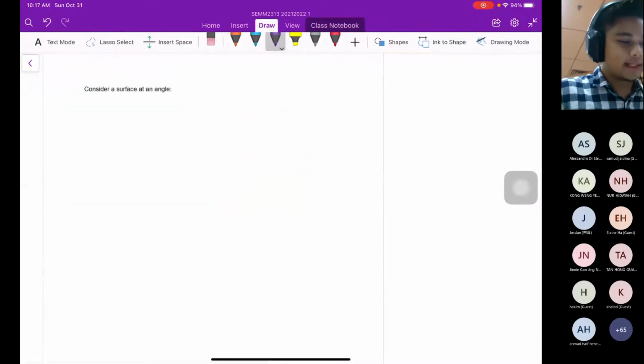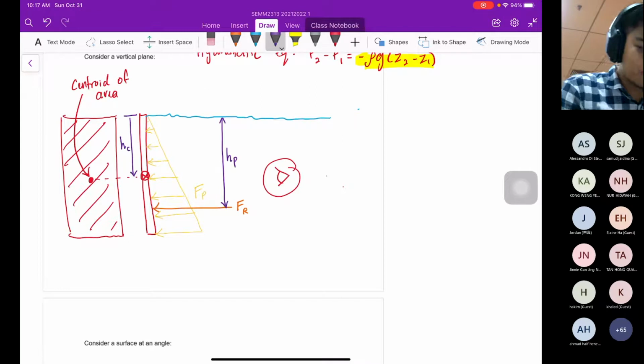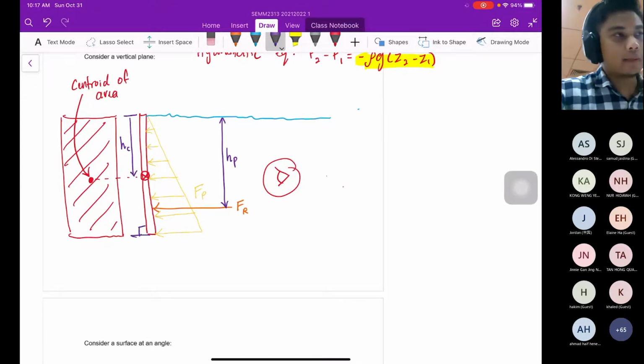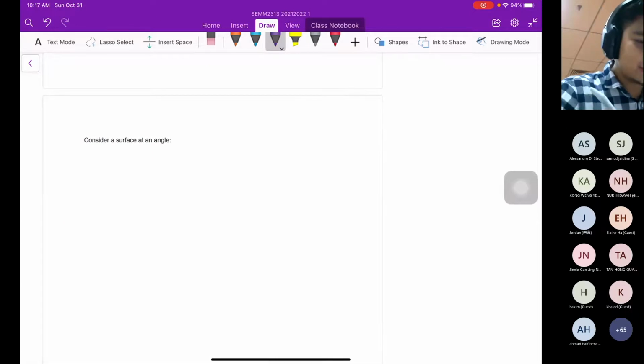So consider this one, we have no angle. It is vertically 90 degree. So what happened when we incline the plane inside the water? So this is second condition. So let's draw a plane here.